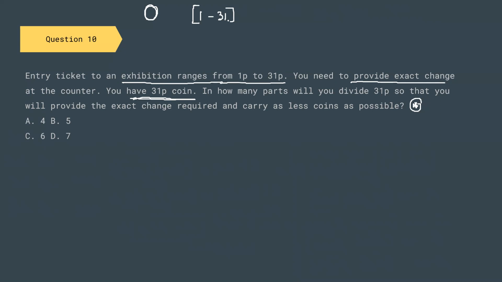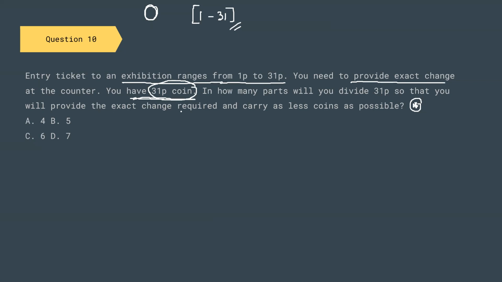So you have a total of 31 paise, and you have to divide the denominations in such a way that by carrying the least number of coins, you can tender the exact change at the counter. That means you simply have to decide on the denominations of the coins.